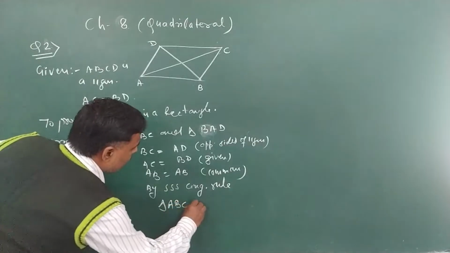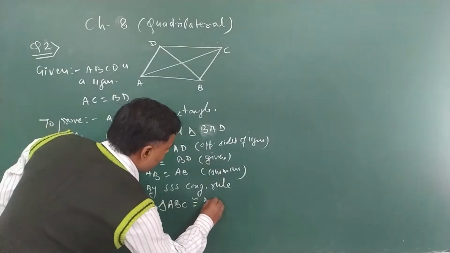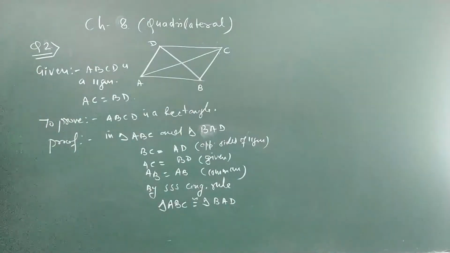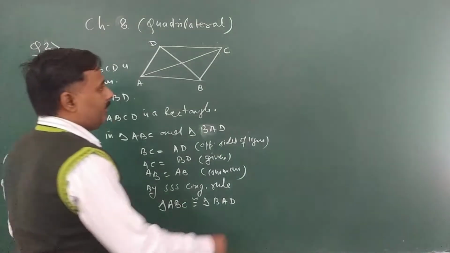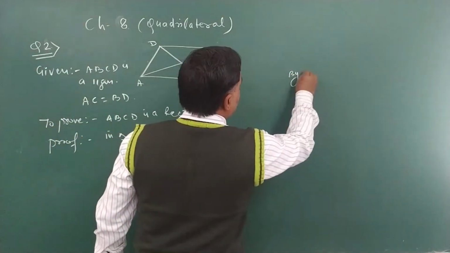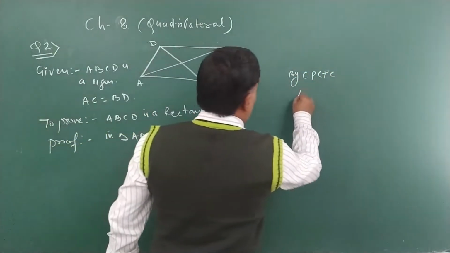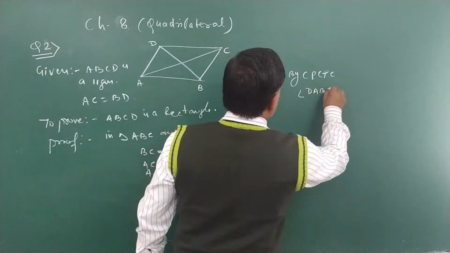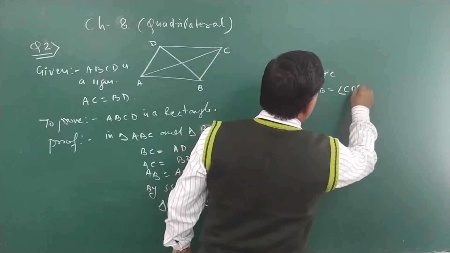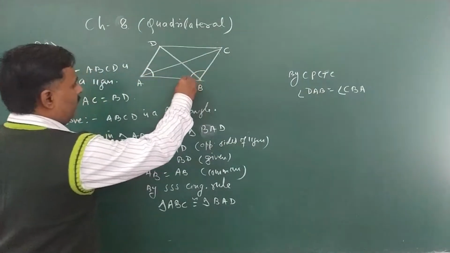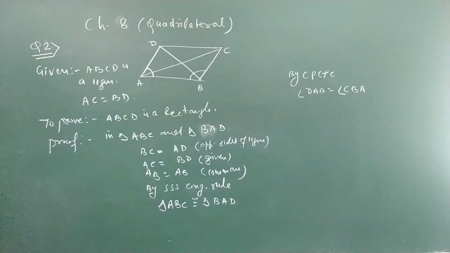So we can say triangle ABC is congruent to triangle BAD by the SSS congruency rule. But we are proving that the angles are 90 degrees. So by CPCTC we can say angle DAB is equal to angle CBA, meaning these two angles are equal.